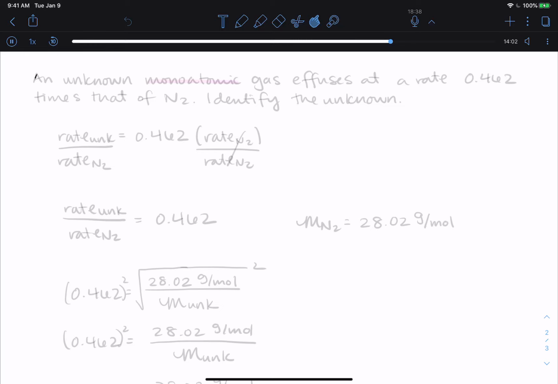So the problem we're going to look at says an unknown monoatomic gas diffuses at a rate 0.462 times that of N2. Identify the unknown gas.